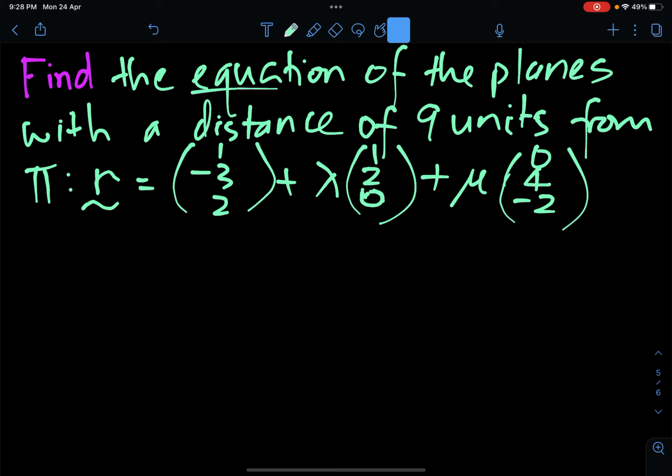We want to find the equation of the planes with a distance of 9 units from this plane.